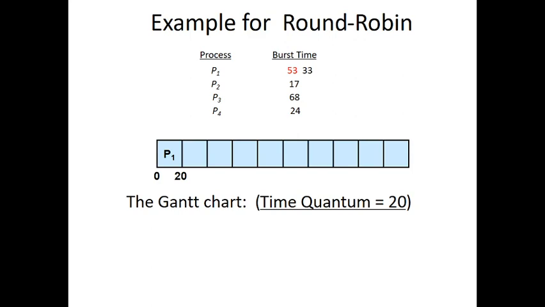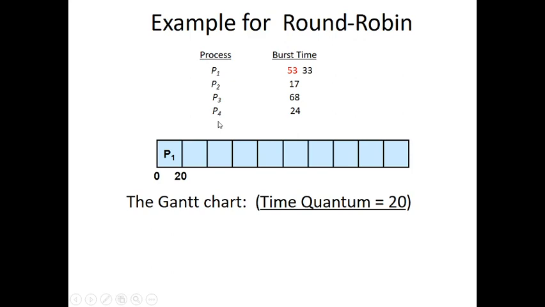Say for example, there are four processes P1, P2, P3, and P4 with burst times 53, 17, 68, and 24, and they have arrived at the system at the same time in this order: P1, P2, P3, P4.